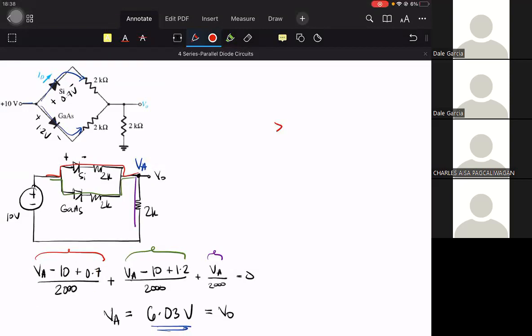So, 6.03 minus 10 plus 0.7. Negative siya.